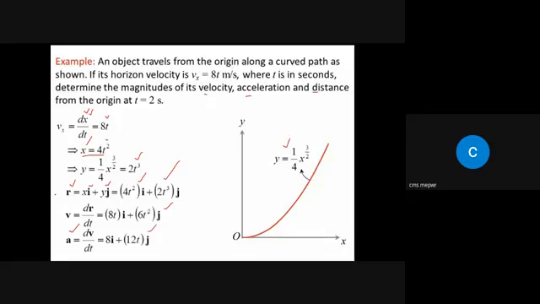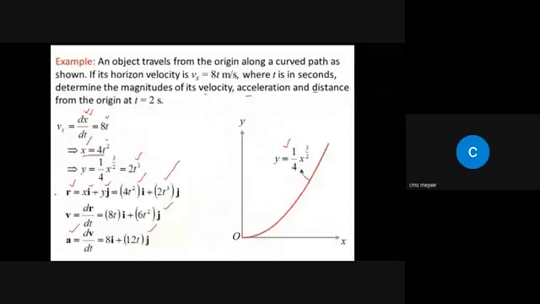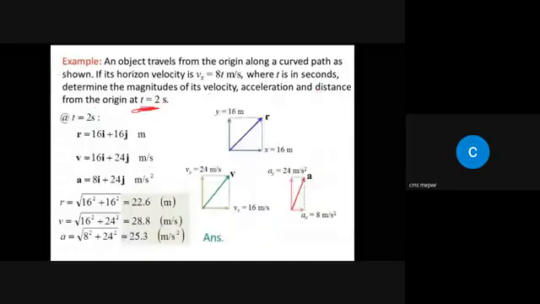Okay. So what do they ask, what do we need to find out? We need to find the distance, acceleration, and velocity at t is equal to 2 seconds, right? So we can put t is equal to 2 seconds over here, and you will get r this one, v this one, and a this one.